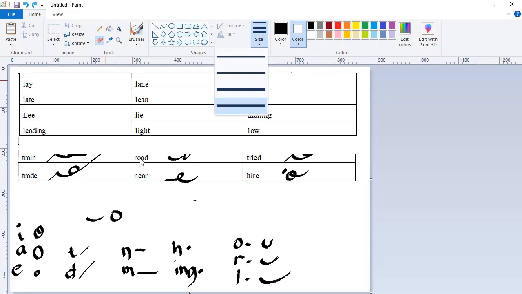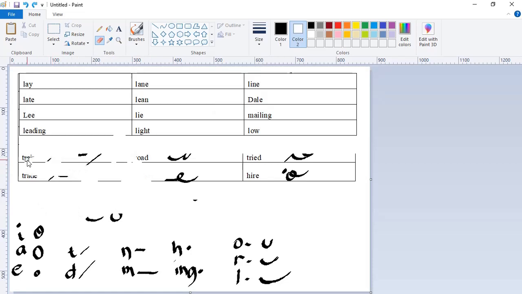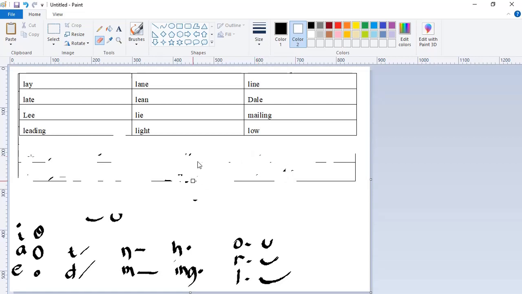I-erase ko lang itong para hindi kayo ma-distract. So, ayan.